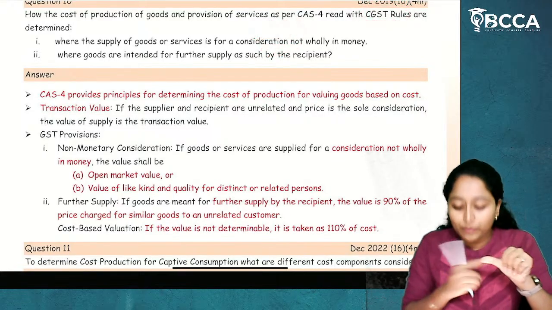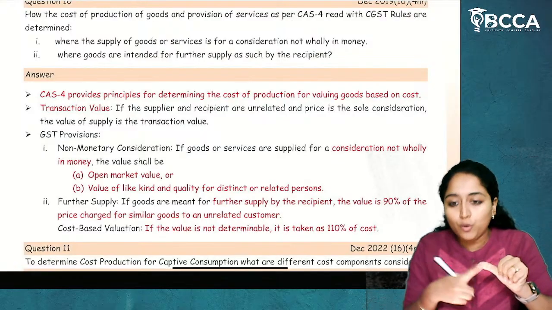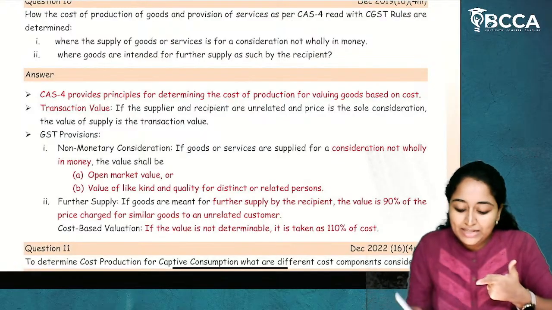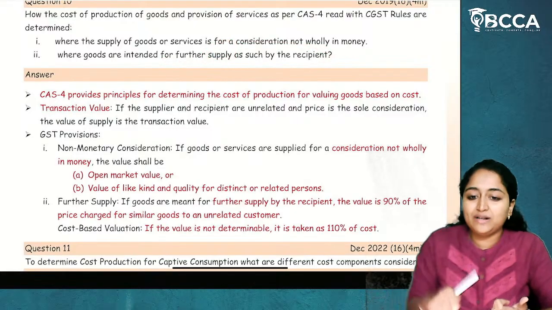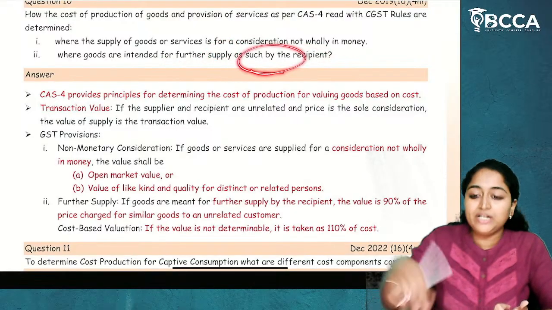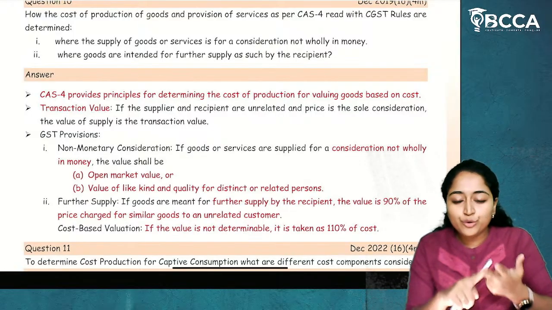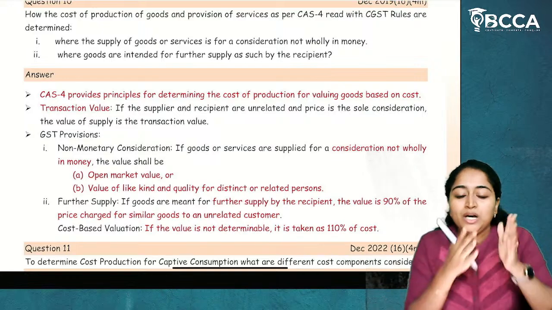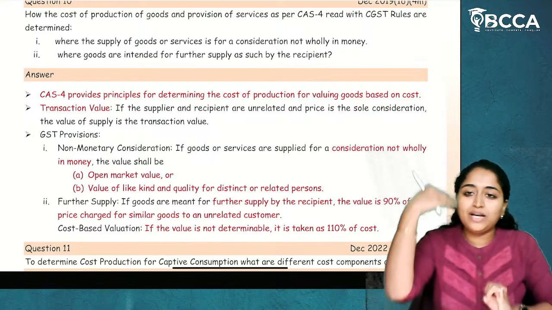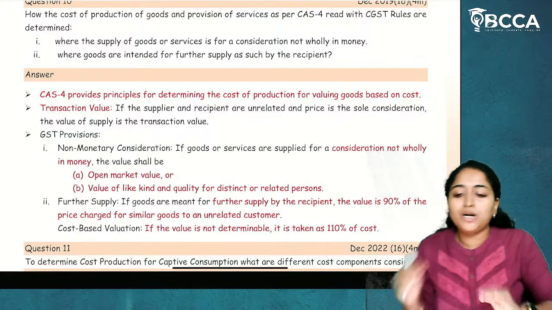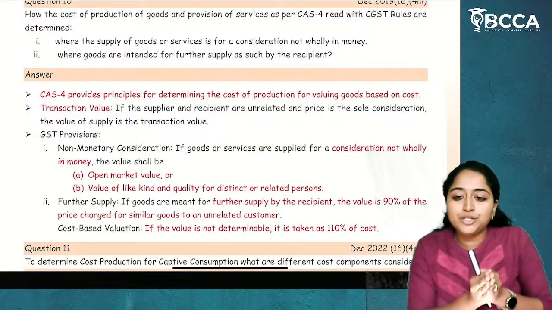Now what is Rule 27? Supply of goods or services for consideration not wholly in money. And Rule 28 is about goods entered into a transaction which are intended for further supply by a related party. And Rule 29 is about the transaction between principal and agent. Rule 30: if Rule 27, 28, 29 are not applicable, then you will take the transaction value to be 110% of cost of production.